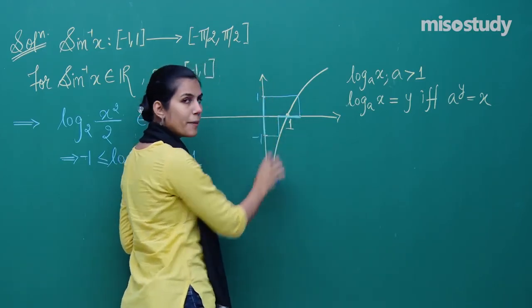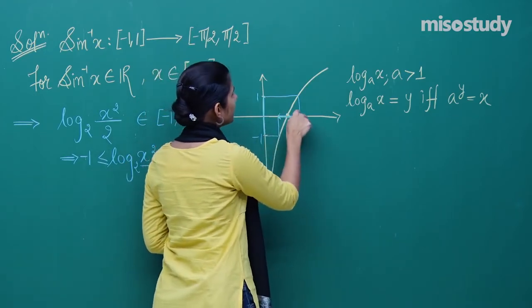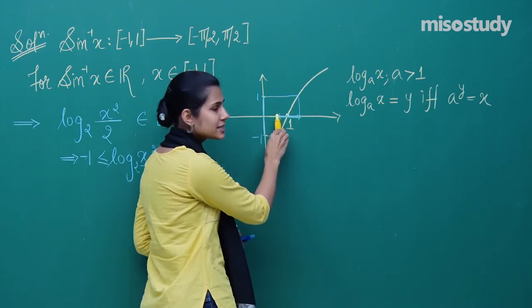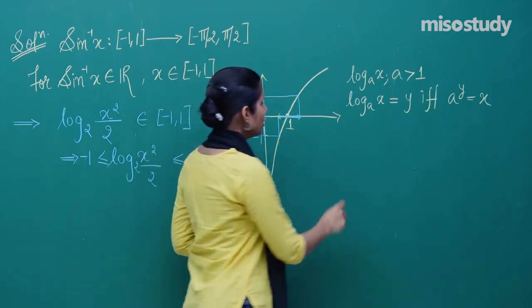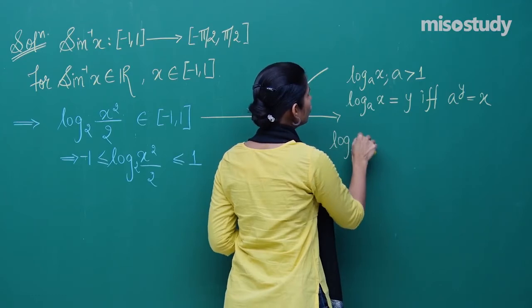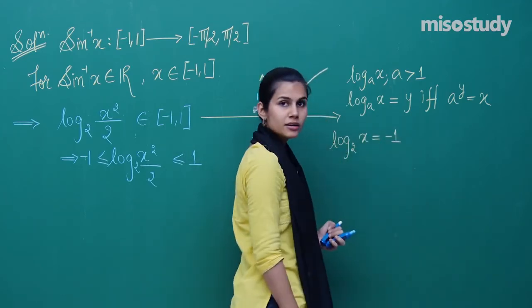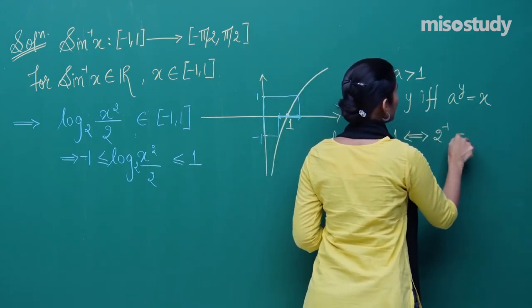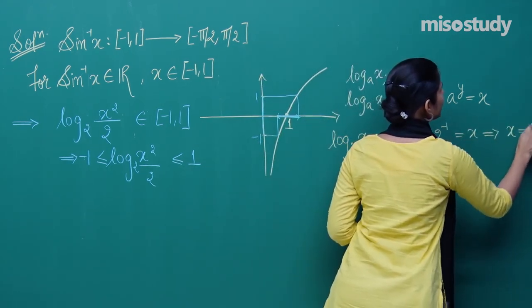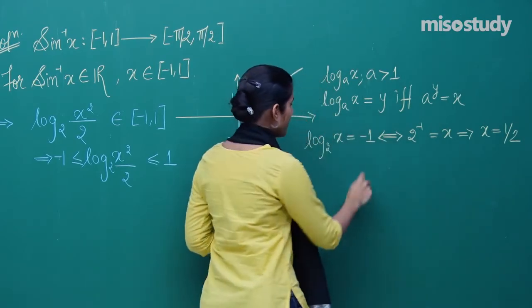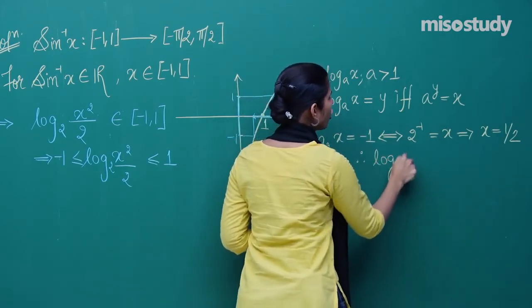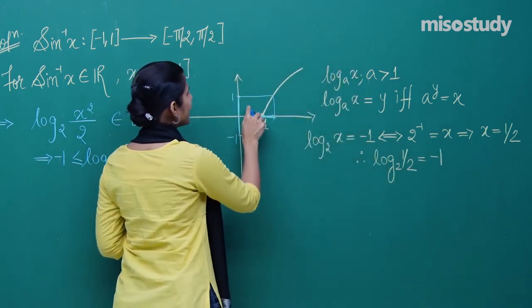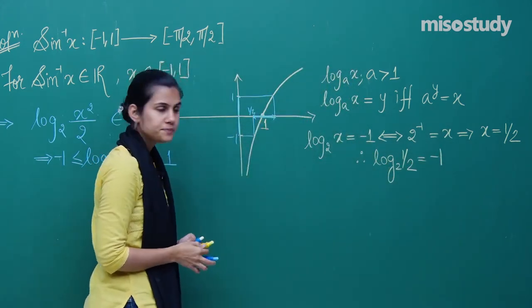For my log x to be from minus 1 to 1, I want that particular x for which log x to the base 2 is minus 1. Well, log x equals minus 1 if and only if 2 to the power minus 1 is x, which implies x is half. Therefore log of half to the base 2 is minus 1, and this point is nothing but half.